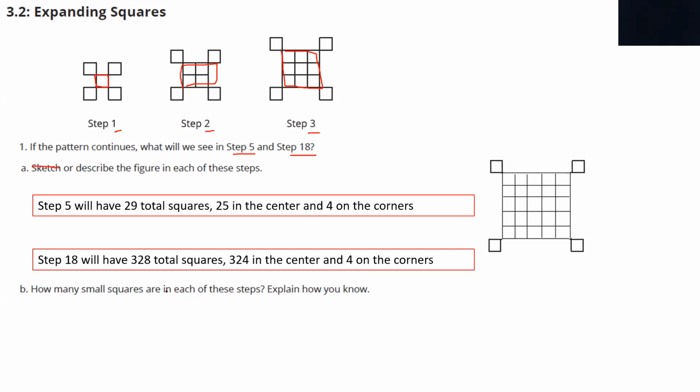All right. So now that you had an opportunity to talk about how many small squares are in each step. So step 5, we kind of already had the answers here. There would be 29.